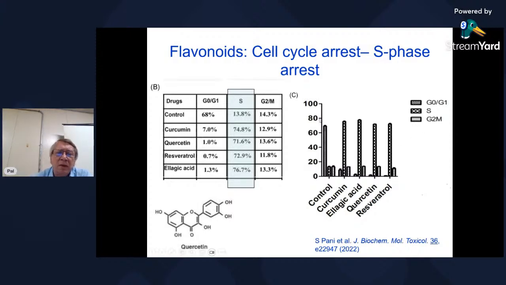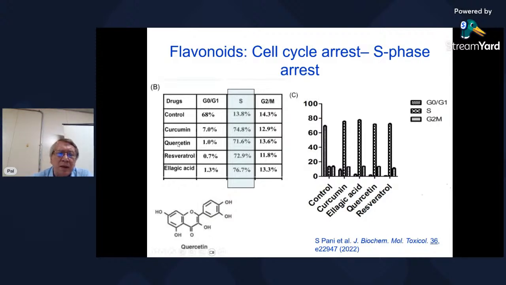If you compare the distribution of the cells in the control cells and the quercetin treated cells, you can see that while roughly about 14% of the total amount of the cells can be found in the S phase.